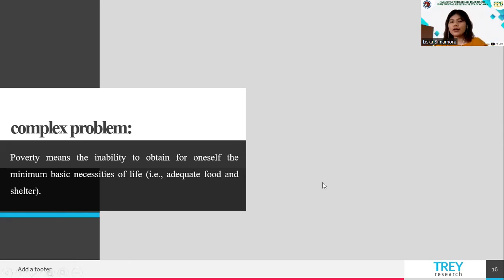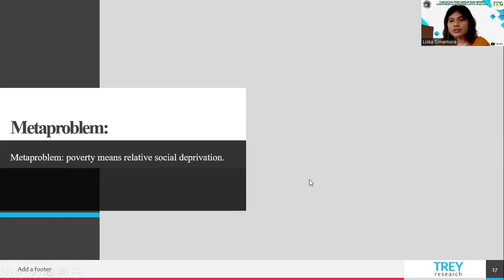Okay, so now let's think about the solution for poverty if we define it according to the meta problem. That is about social deprivation. It means we have to create some ideas in order to solve this social deprivation.